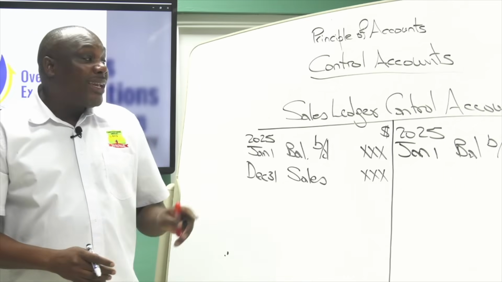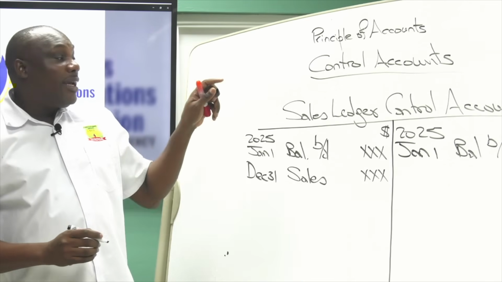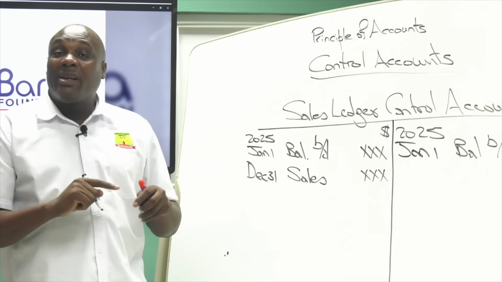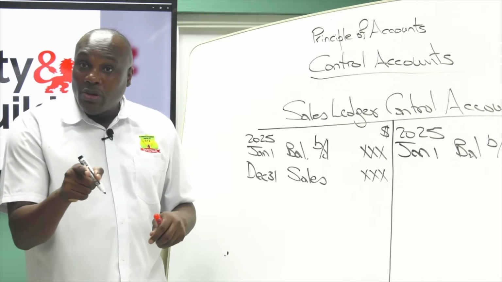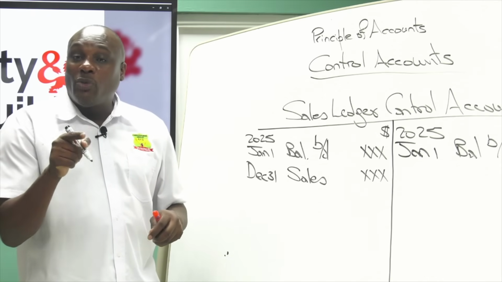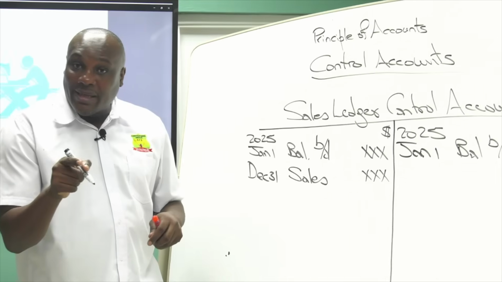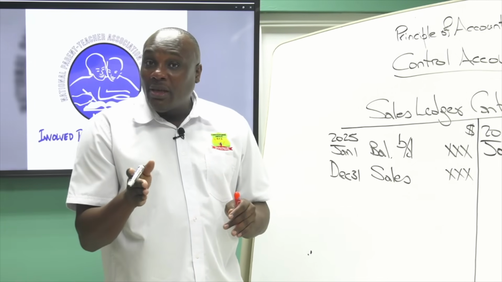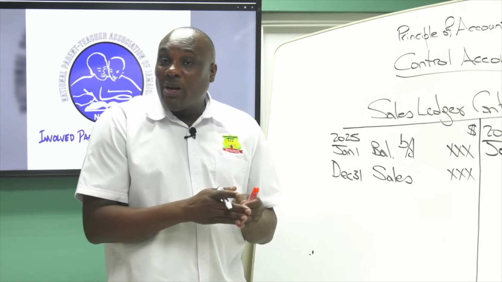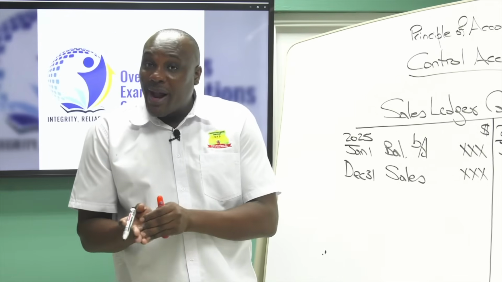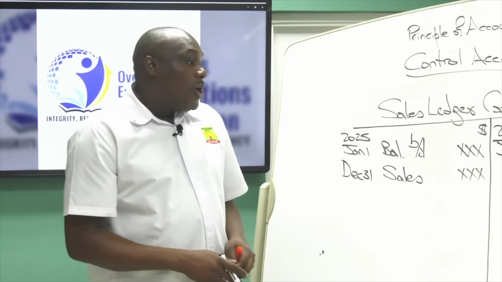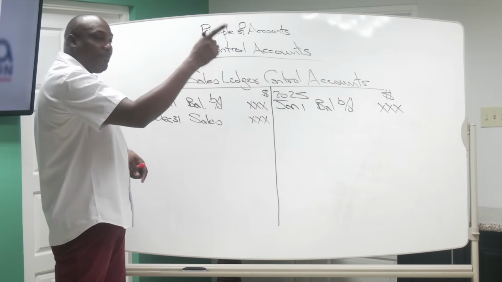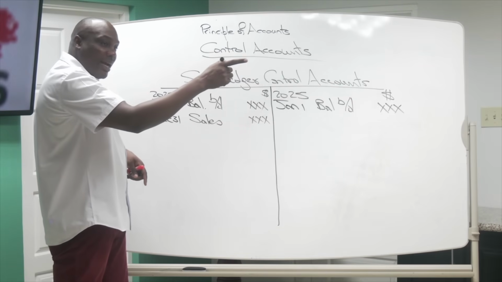You will not record a cash sales in the sales ledger. No, cash sales is recorded in the cash book because the person would have paid for the goods immediately. All right? And again, for the person to be a debtor is somebody who you would have sold goods on credit prior. Good. So based on the double entry ruling, students, sales carry a credit balance entry in this regard.